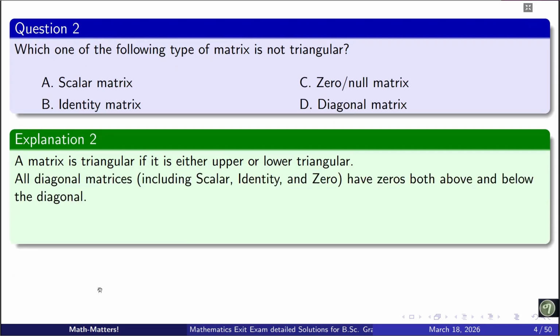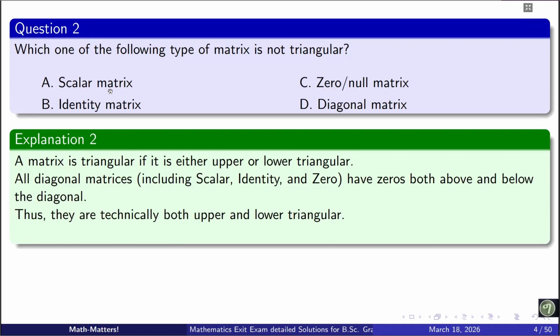You know that all diagonal matrices, including the scalar matrix, which is a type of matrix with scalars on the diagonal but the other components zero, the identity matrix, a square matrix whose diagonal components are exactly 1 but the other components are 0, and the zero matrix, a matrix whose components are all 0, are technically both upper and lower triangular matrices.